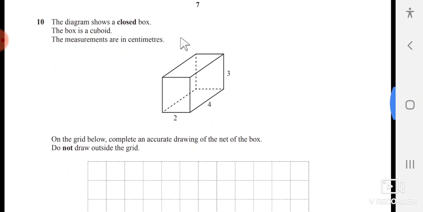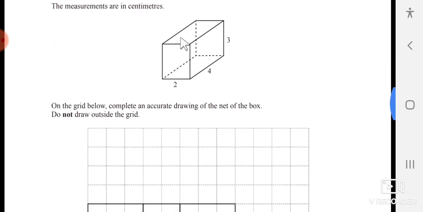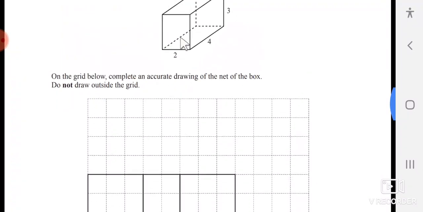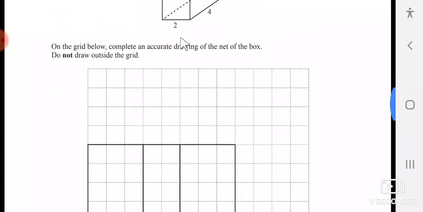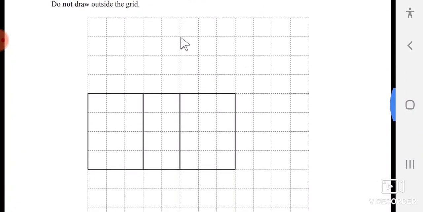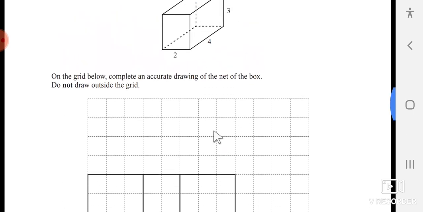Now I'm going to work on this question. This is a closed box and you have to give the net of this by opening it. Look, this is basically this side, and this is basically the bottom, and this is the other side. So three sides are mentioned in this net.